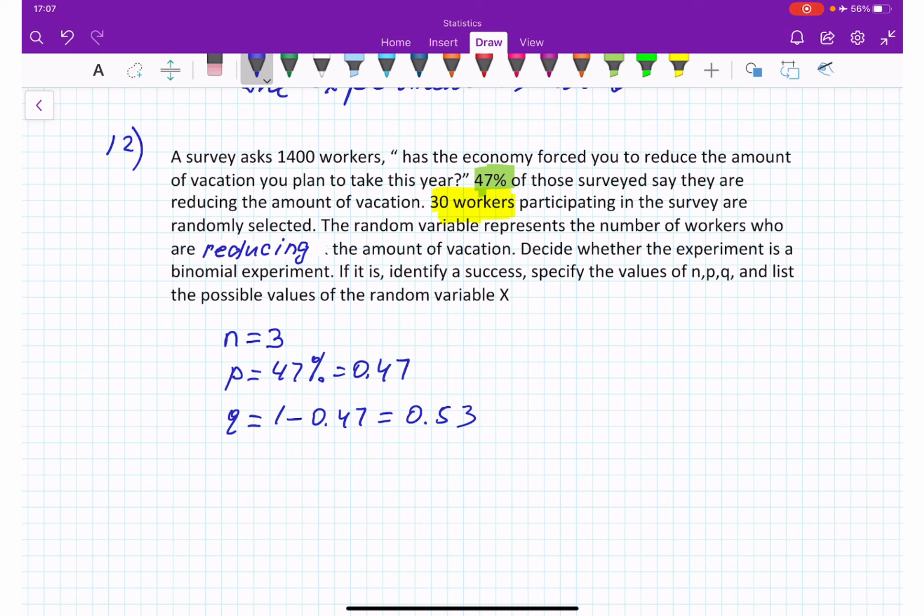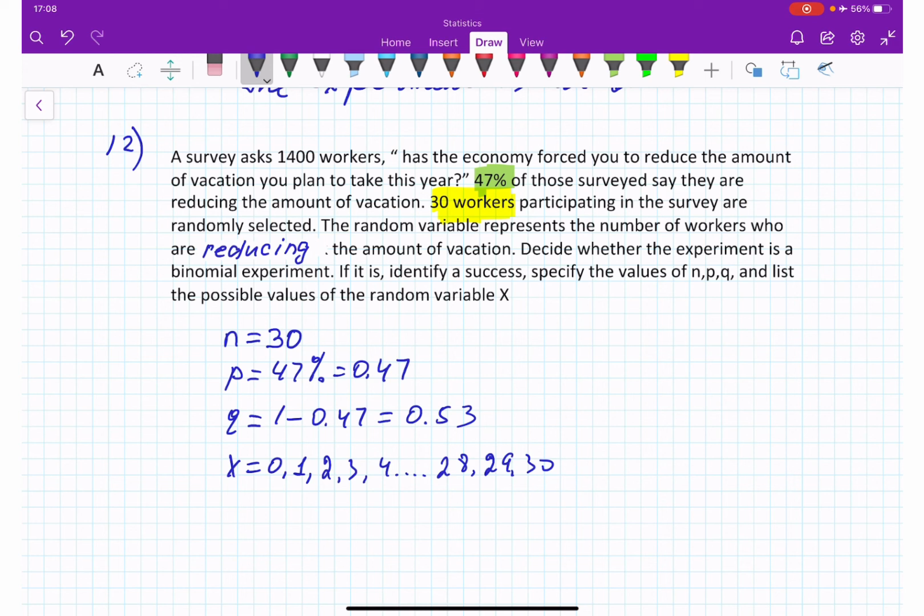Since we have a total of 30, the maximum is going to be 30, right? So x is going to go from 0, 1, 2, 3, any amount of successful trials, say 28, 29, maximum 30. Yes? Okay, let's then answer the given question.